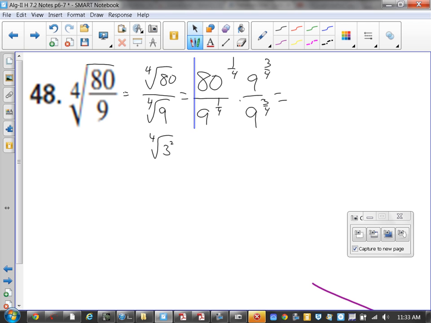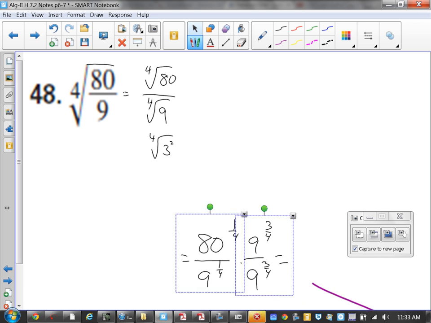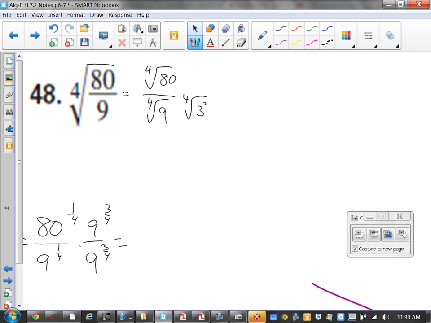So let's move this out of the way. We know that it equals that. And if I rewrite that fractionally, what do I get? Sorry, I wrote that incorrectly. Isn't that 3 to the 2/4?